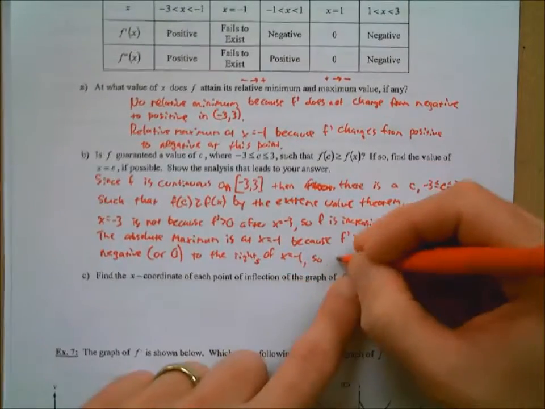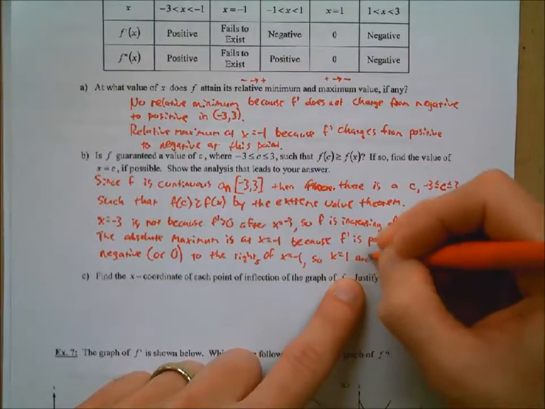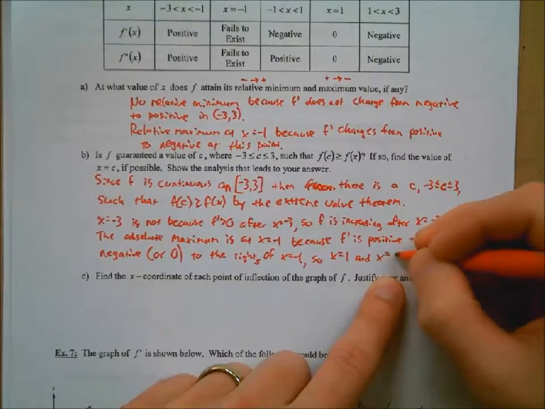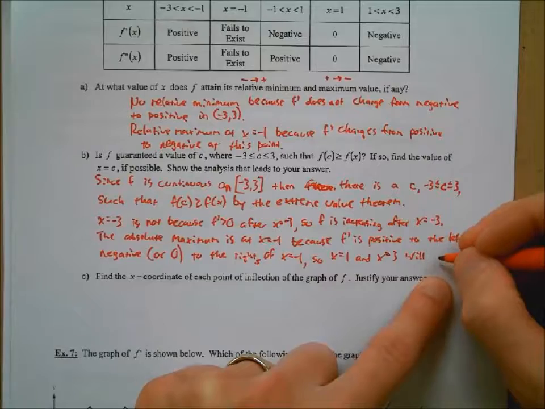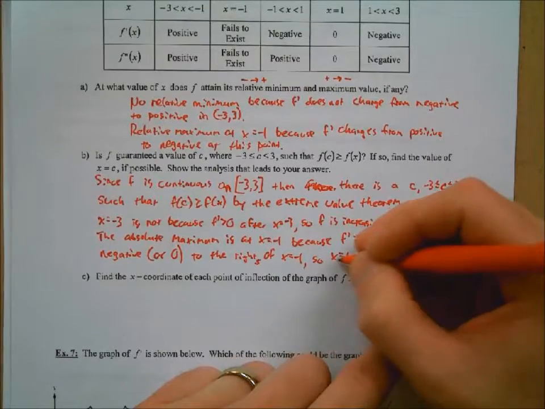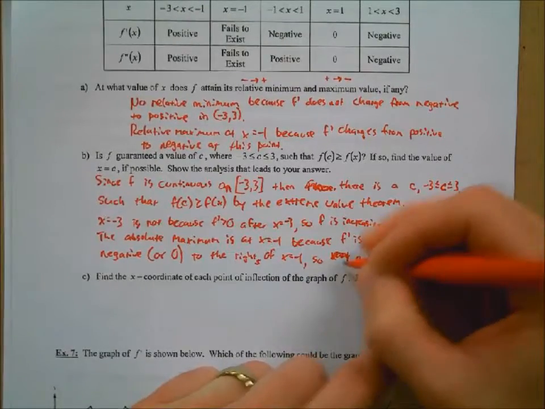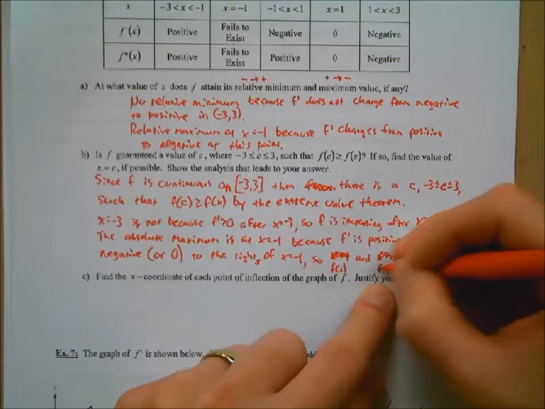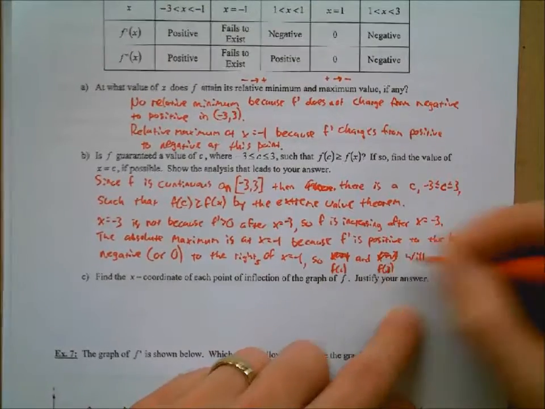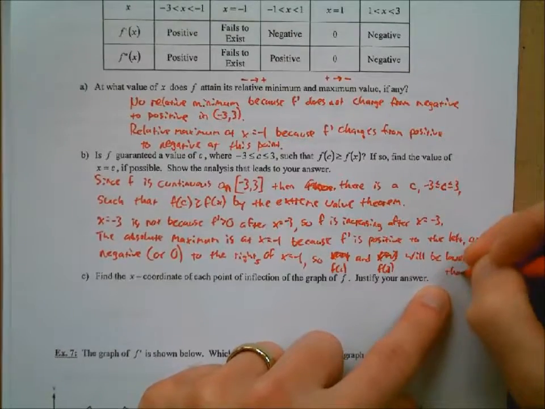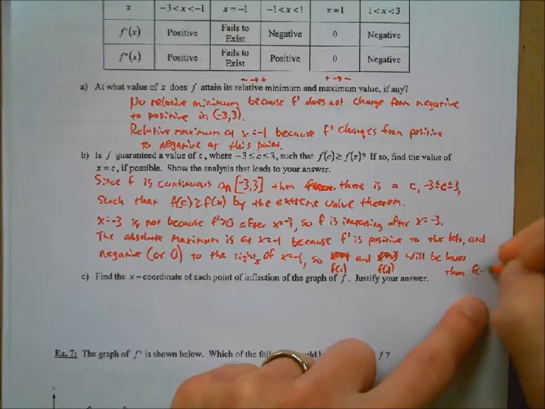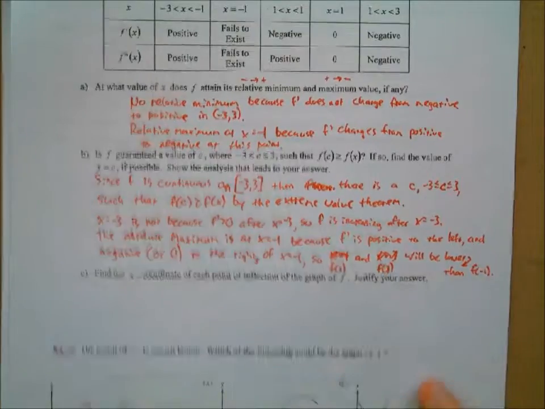So f of 1 and f of 3 will be lower than f of -1. Okay.